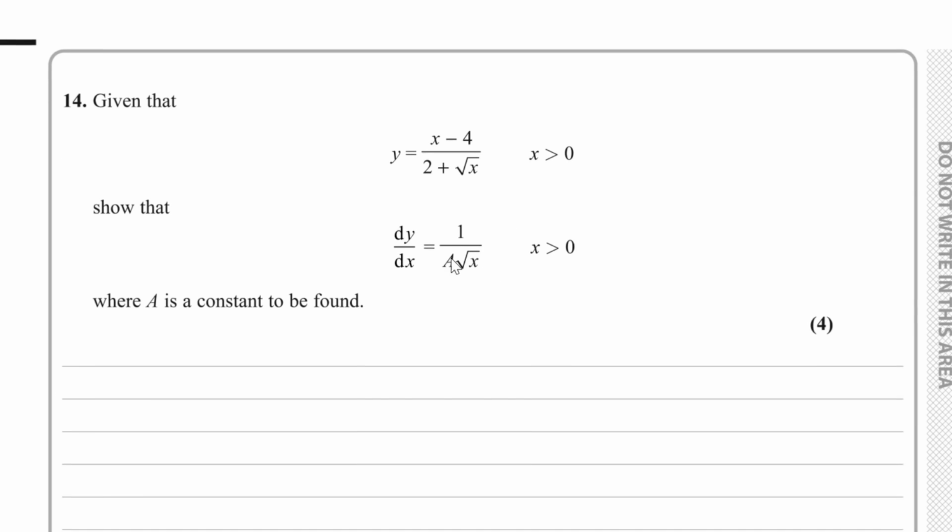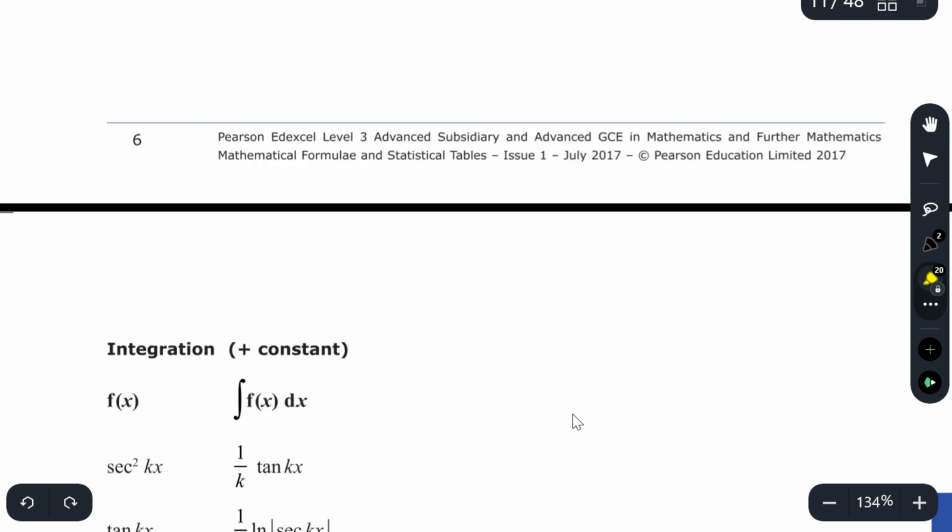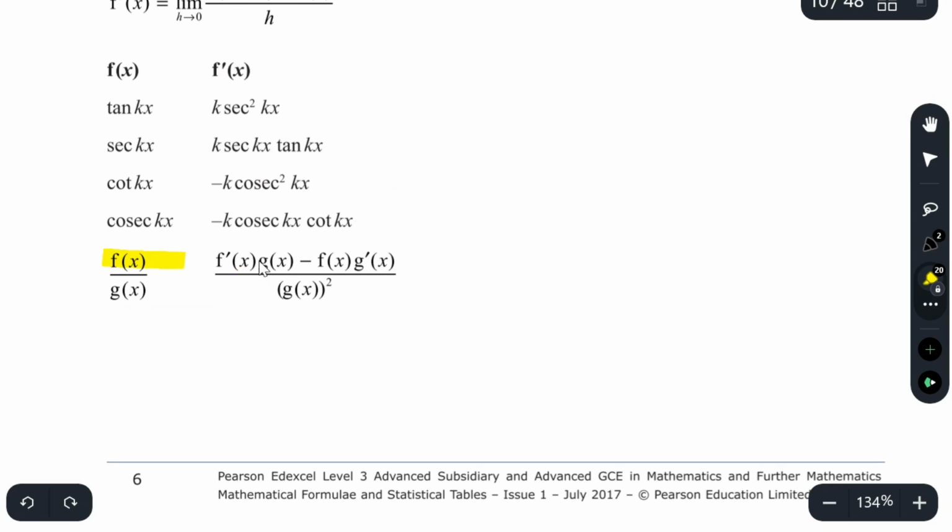Question number 14. We're given that y equals (x minus 4) over (2 plus square root x), where x is greater than 0, and we have to show that dy over dx is equal to 1 over a square root x, where x is greater than 0 and a is a constant to be found. Well, here we are differentiating a fraction, and you may recall, to differentiate a fraction we need to use the quotient rule.